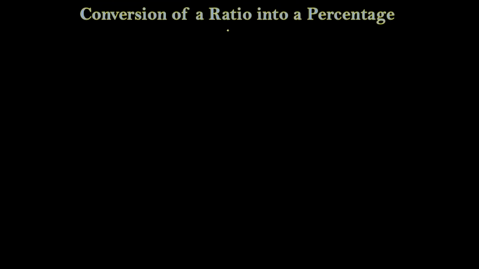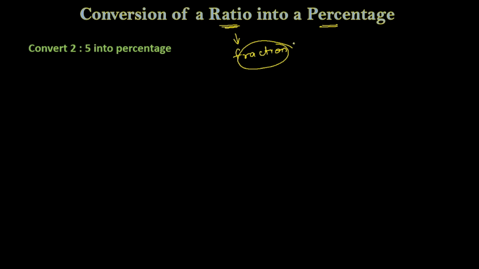Now the next topic for today's video is conversion of a ratio into a percentage. To convert a ratio into a percentage, first convert the given ratio into a fraction and then convert this fraction into a percentage by using the method of conversion of fraction into a percentage. Let's understand this by an example. You have to convert 2:5 into percentage.